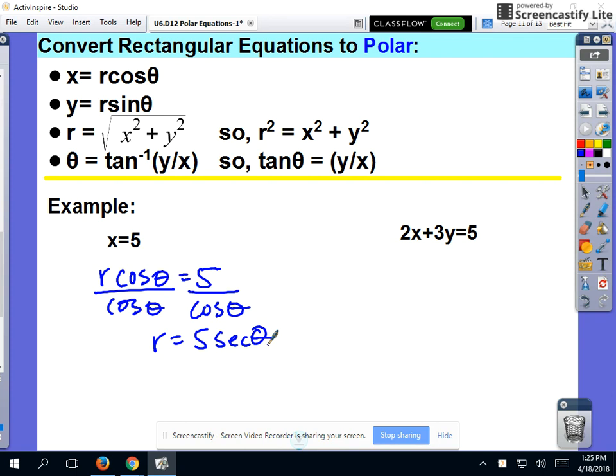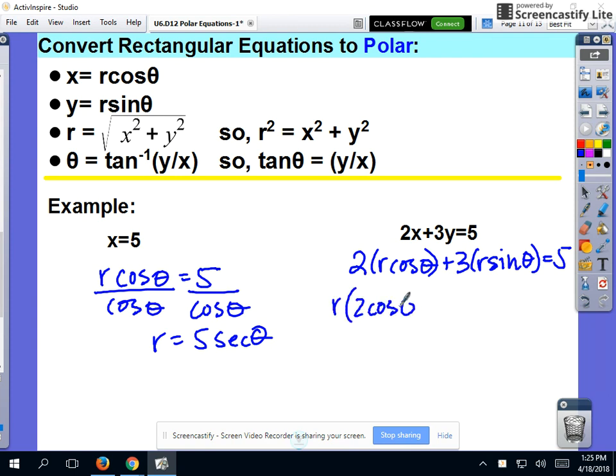We're going to keep it secant, because that just is prettier than divided by cosine. For the second one, we're going to replace the x and the y with what they are up at the top. So 2r cosine theta plus 3r sine theta equals 5. And we need to factor out the r. So we have r times (2 cosine theta plus 3 sine theta) equals 5.